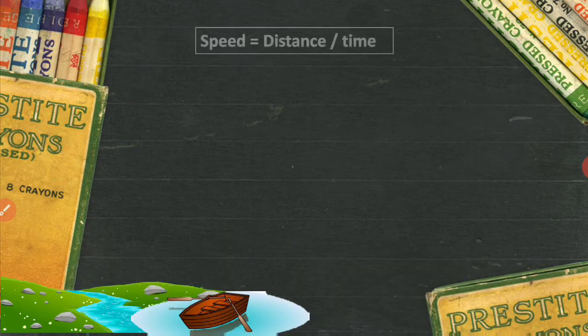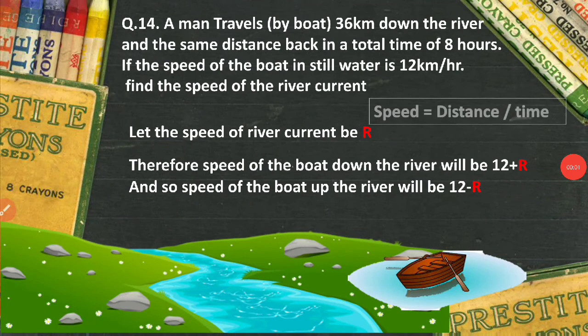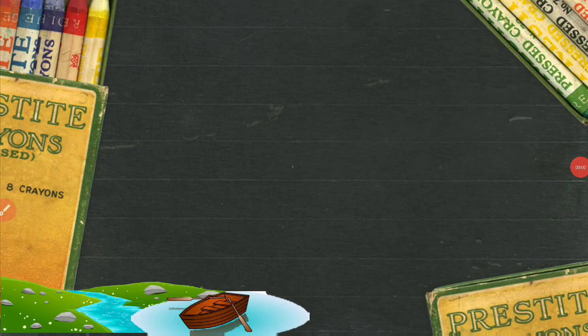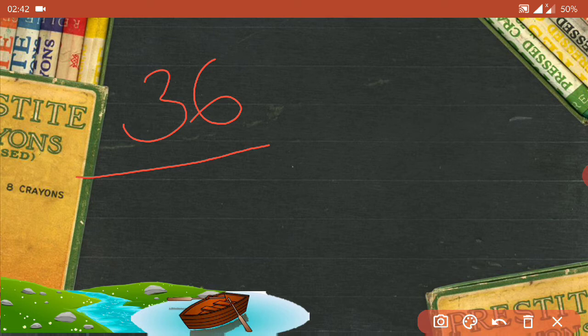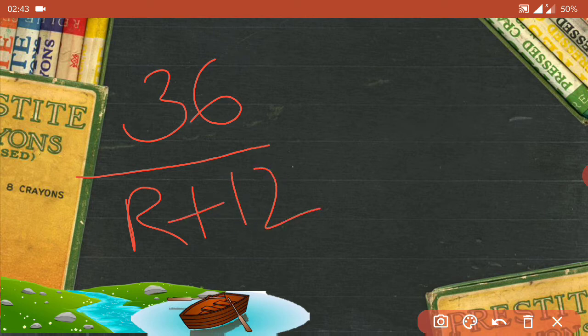So we have distance as 36 kilometers upon the speed, since the person has moved down the river, r plus 12.